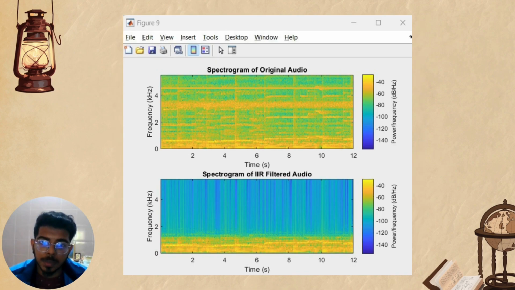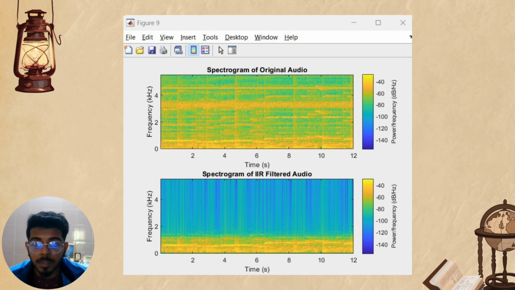And then let's see the spectrogram. So from the original audio, the spectrogram reveals a wide distribution of noise across time, particularly concentrated in the frequency range up to 4 kHz, making the spectrogram appear dense with energy in multiple bands.